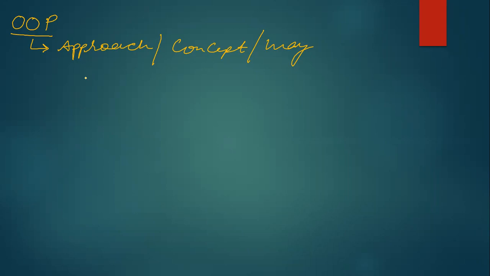So before proceeding, I would like to tell you, whatever program we write, either it's of one page or more than one page, in each program there are two very important things. The first one is data and the second one is functions.